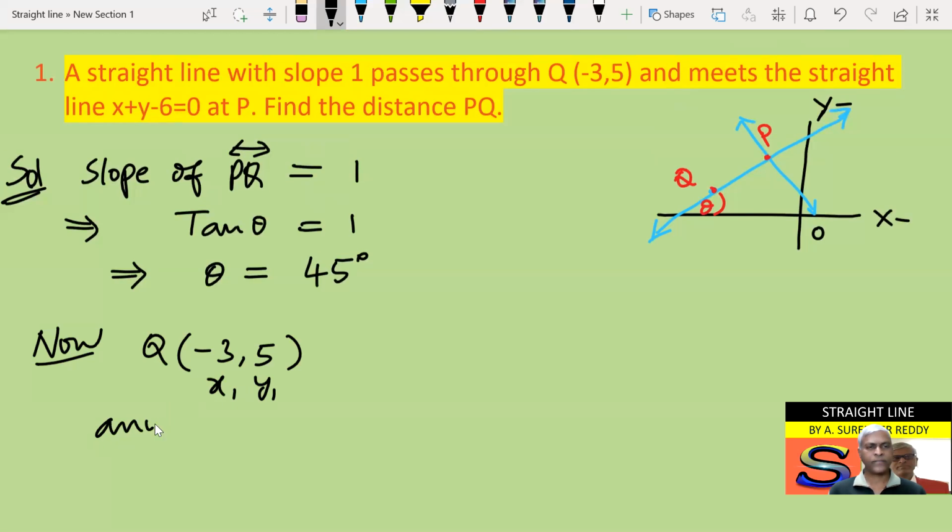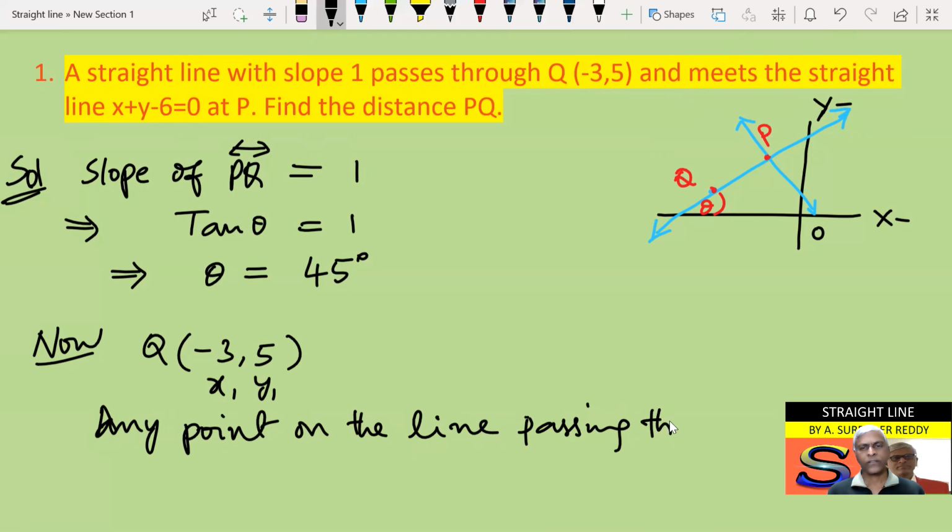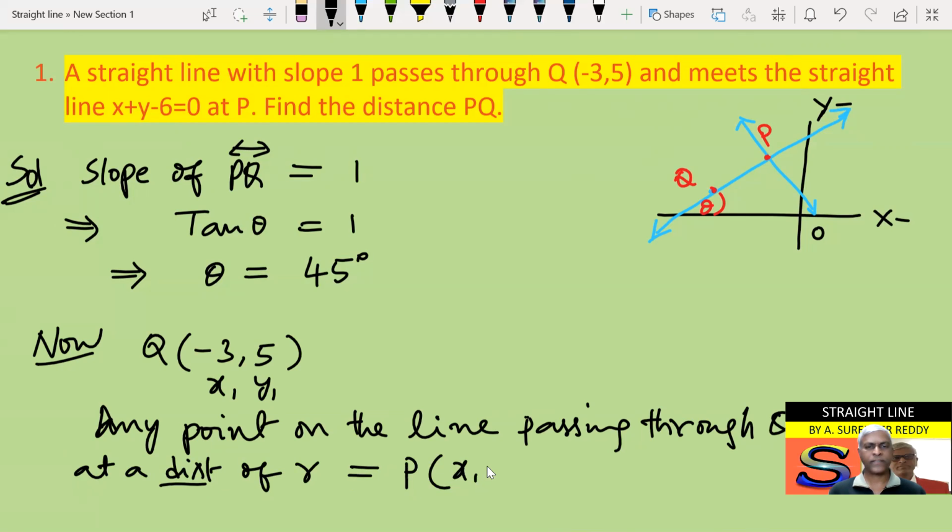Now, any point on the line passing through Q, that is (x1, y1), and at a distance of R units is, let us name it as P, (x1 + R cos theta, y1 + R sin theta).